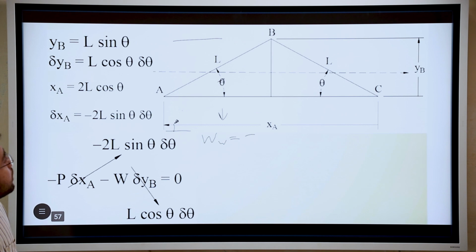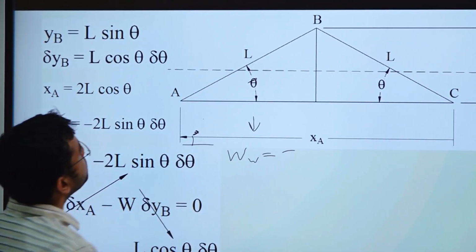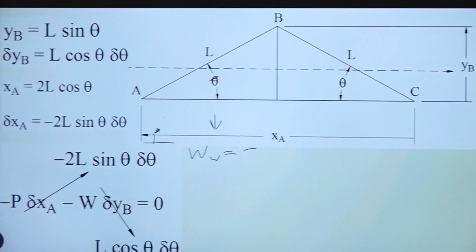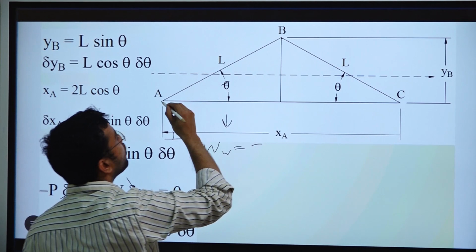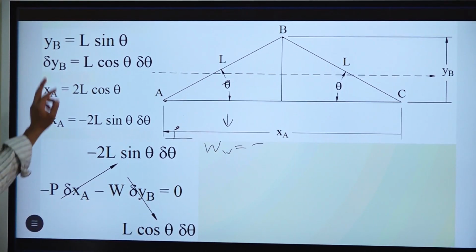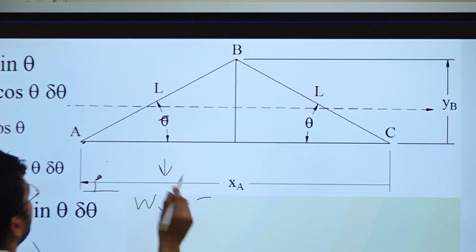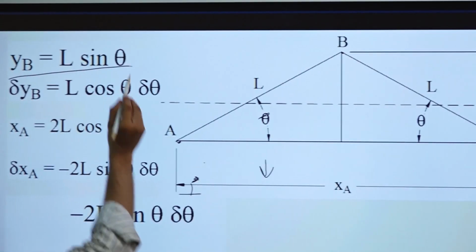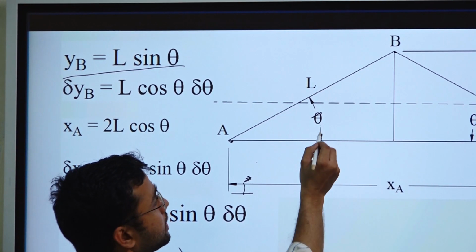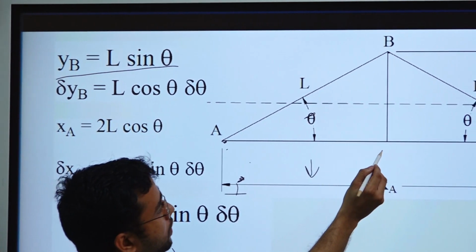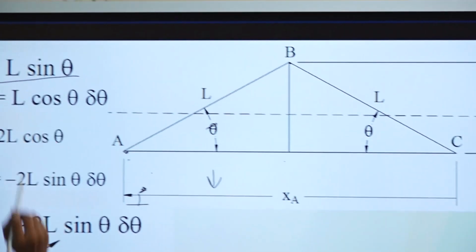Okay, let's solve this problem. What we need to find out is the distance covered by both the points, point B and point A, right? So how do we find the distance covered by point B? YB is L sin theta. L is the distance from A to B and this angle is theta. So A to this point will be L cos theta and B to this point will be L sin theta, right?